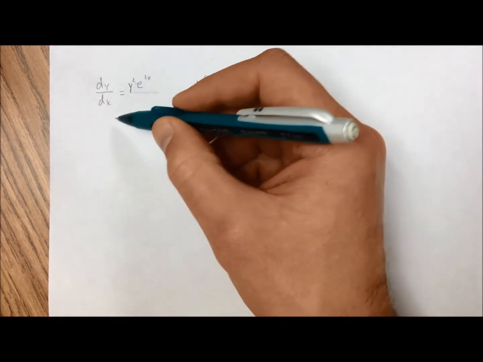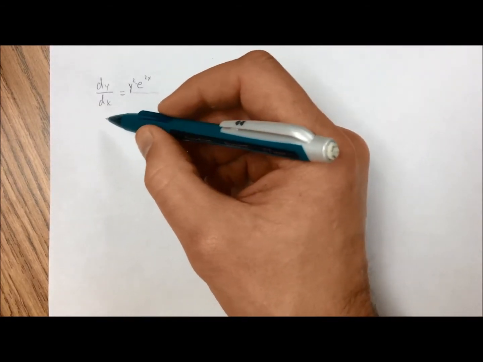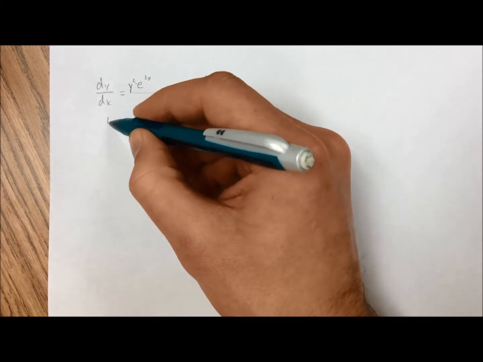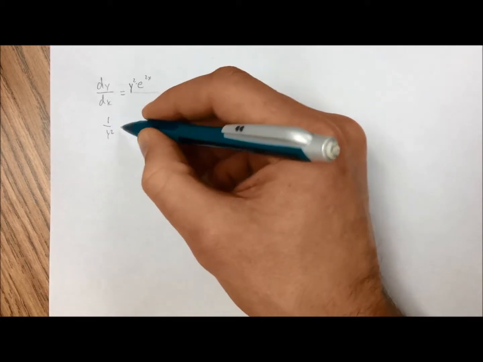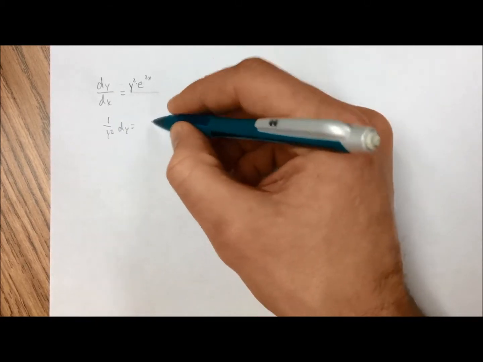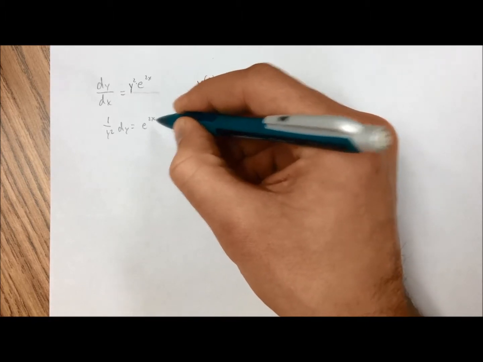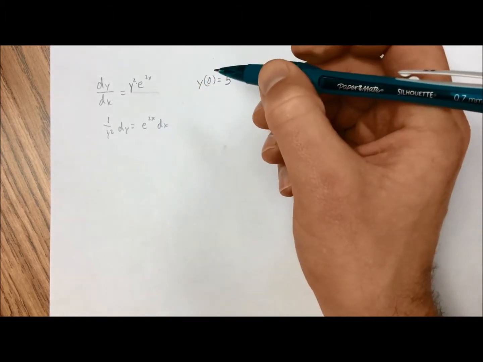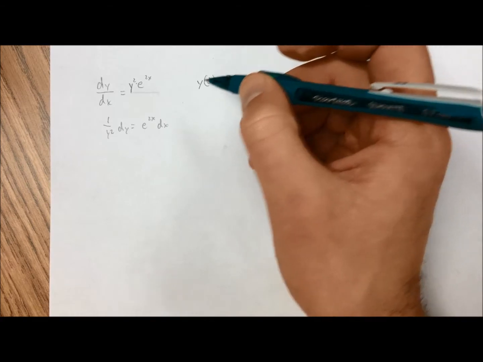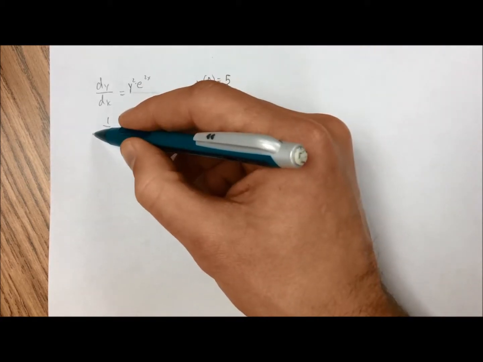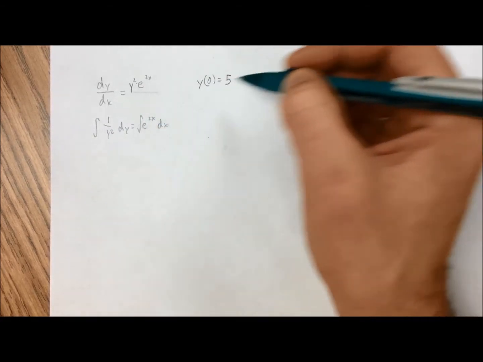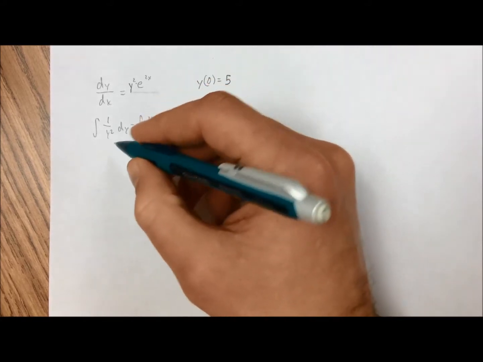So first, let's separate this thing. I'm going to get the y's on one side, so that means it's going to be 1 over y squared dy is equal to e to the 2x dx. Now I'm going to integrate both sides here.